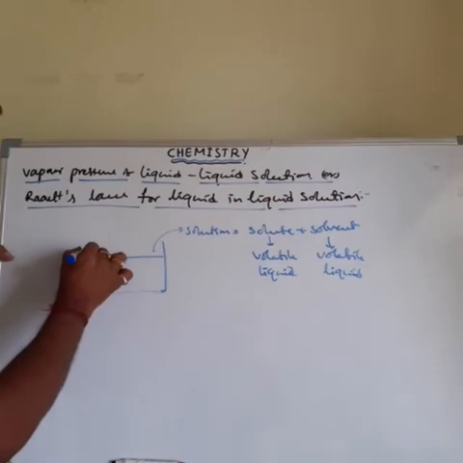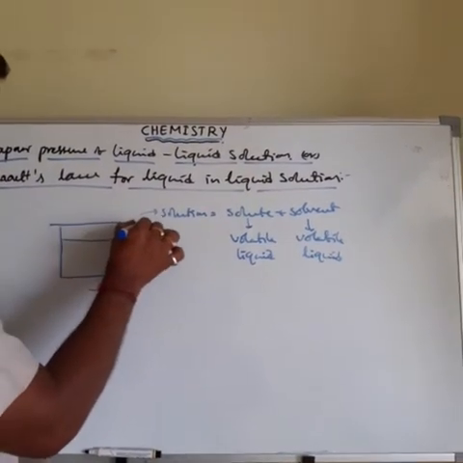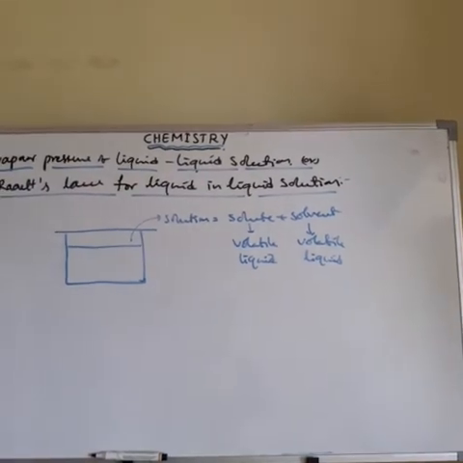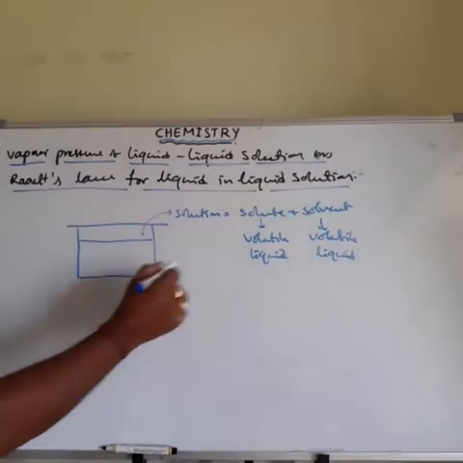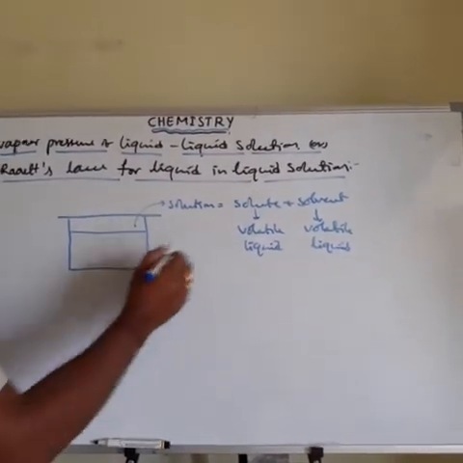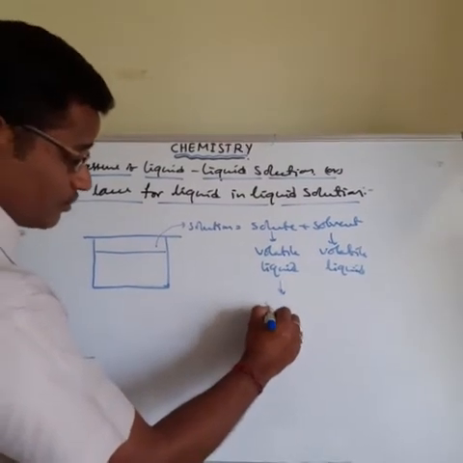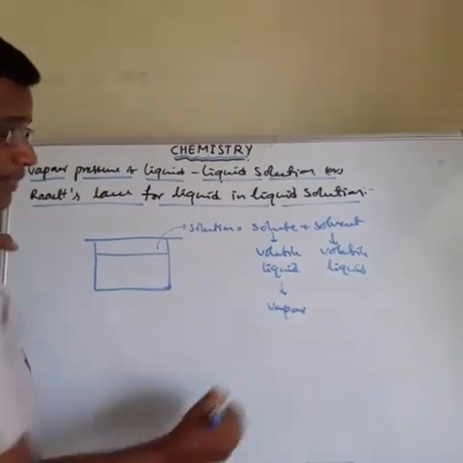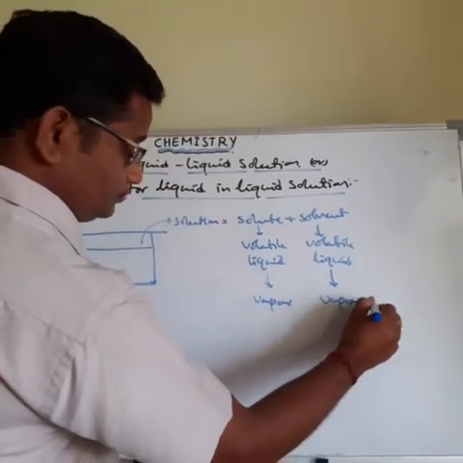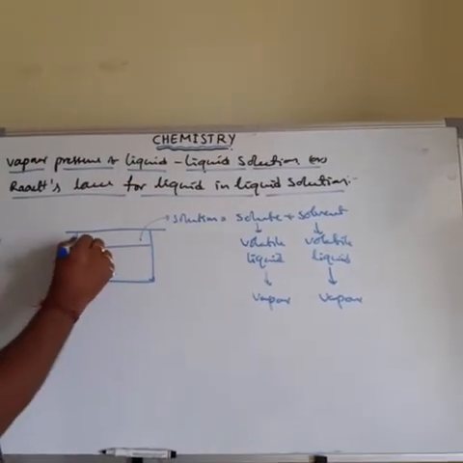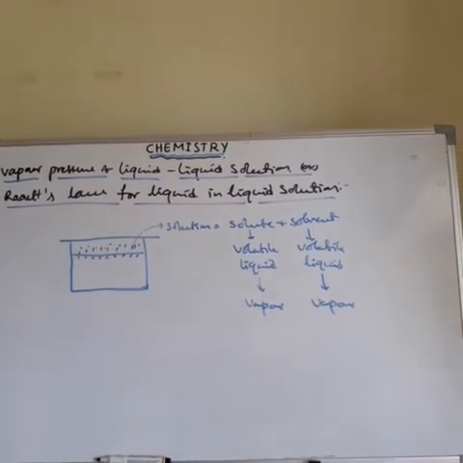This solution is taken in a beaker and closed with a lid, so it is a closed container. In this closed container, both are volatile liquids, so both liquids will form vapors. The solute forms vapors, and the solvent also forms vapors.